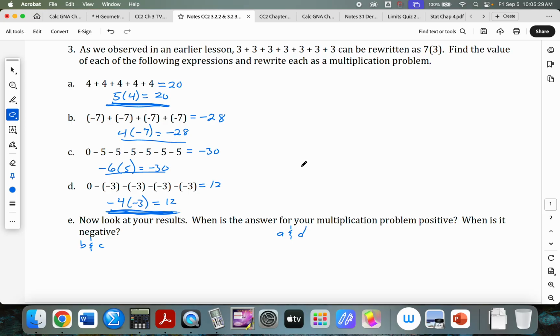They're both being multiplied by the same, like, positive and negative. Okay, they both have the same sign. Yeah. So the two numbers being multiplied have the same sign.